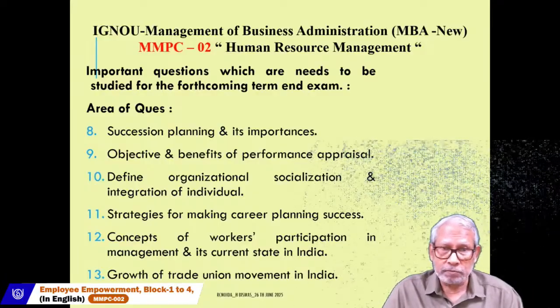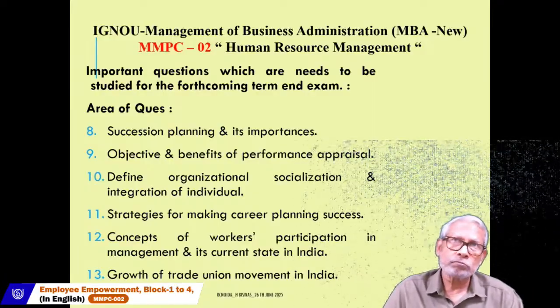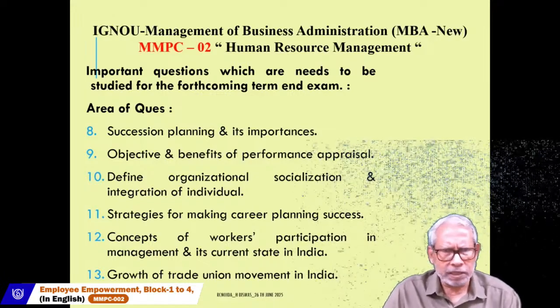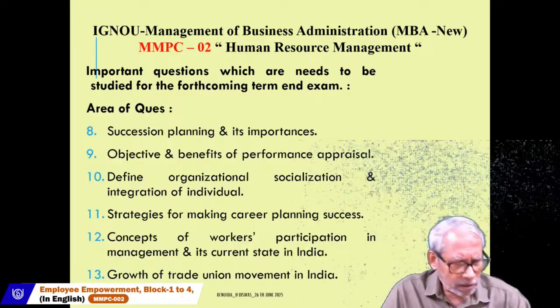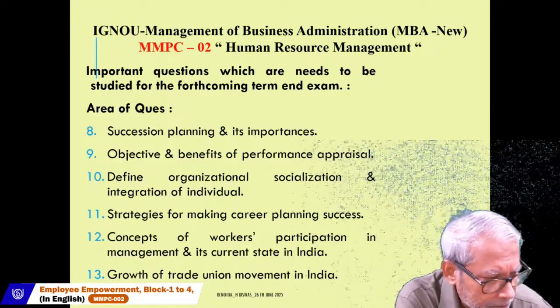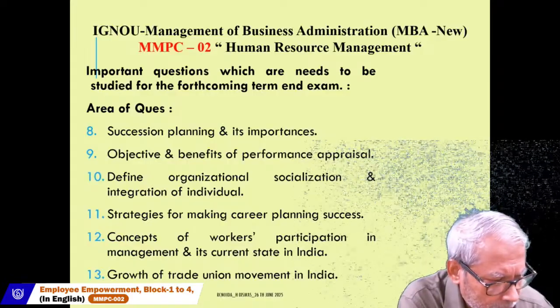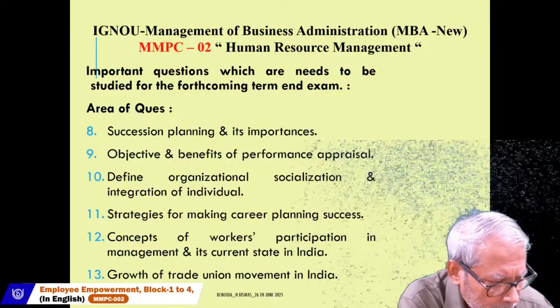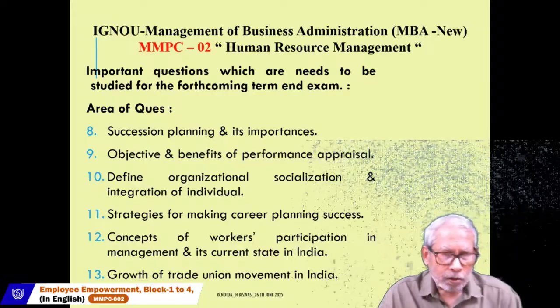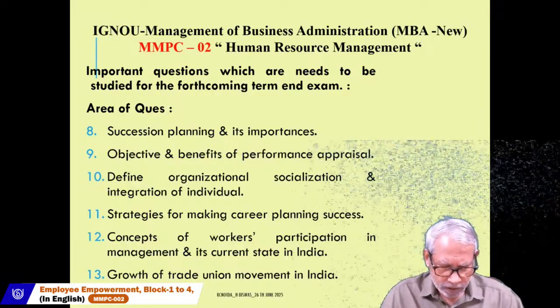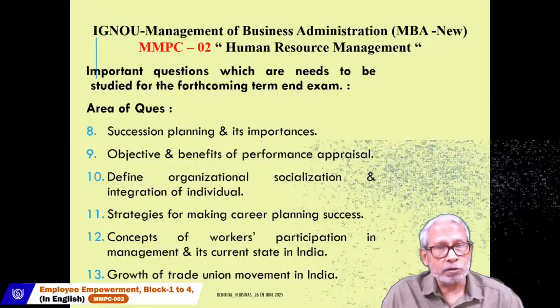Earlier, questions came last time on Japan and Czechoslovakia; that part is coming exactly. I can remember, I have the question. Let's see. Last time the question came on workers' participation. Yes, the question is there. Germany and Yugoslavia.